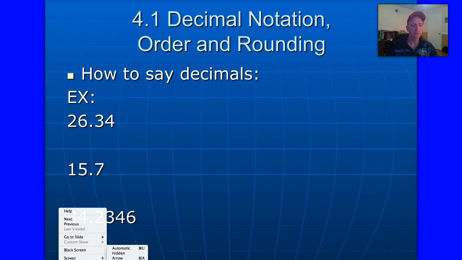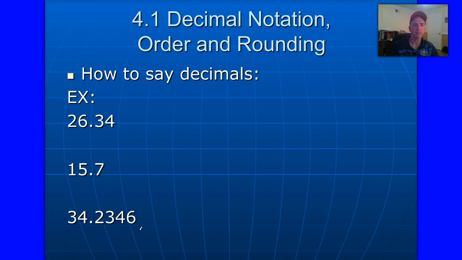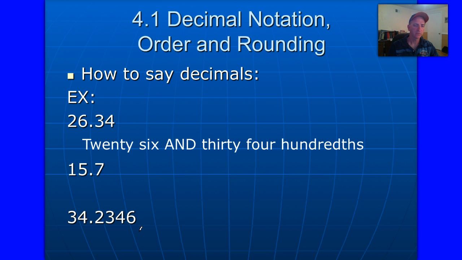And then let's move along now, and let's get on into how to order and round and say numbers. So 26.34, well, the way you say that is this: 26 and 34 hundredths.